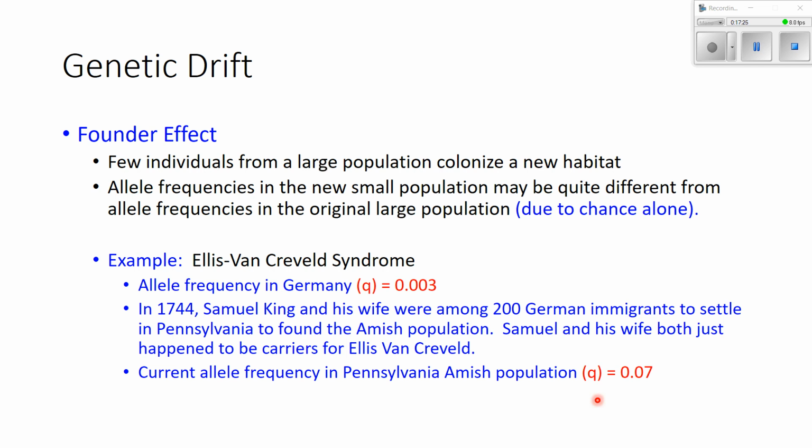No. In fact, they probably won't, right? That little small population of 4 cards is not going to have the same level of genetic diversity that the original deck of cards had. And so when individuals come out of a large population, those few individuals don't have the same genetic diversity. They don't have the same values of P and Q as the original population.